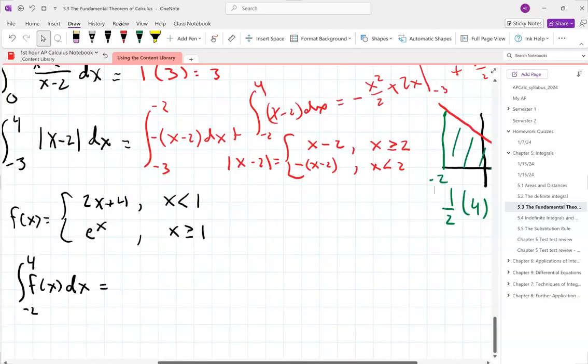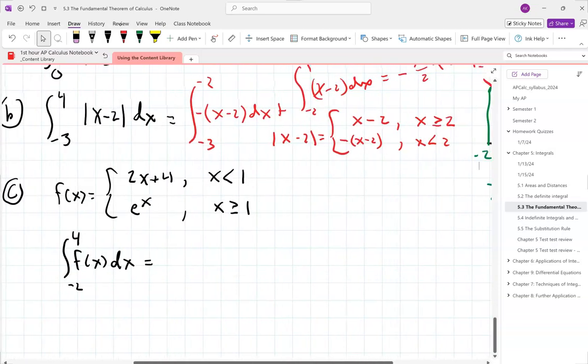And then the last one I wanted to show you guys was just like if I'm integrating a piecewise function, we're going to do the same trick we did for the absolute value. This is actually maybe even a little easier because the chunking is already done for me, right? My first integral should go from negative 2 to what value? 1.